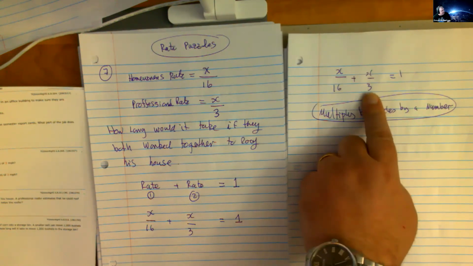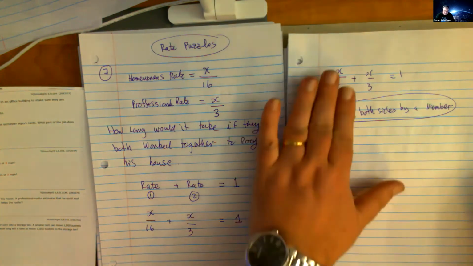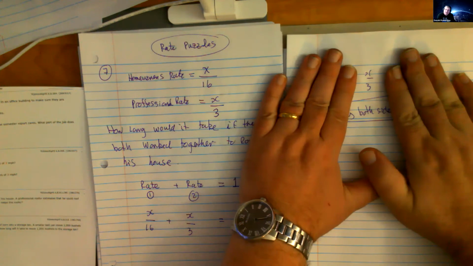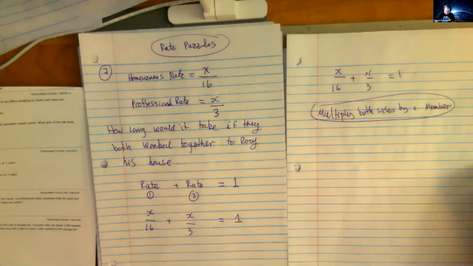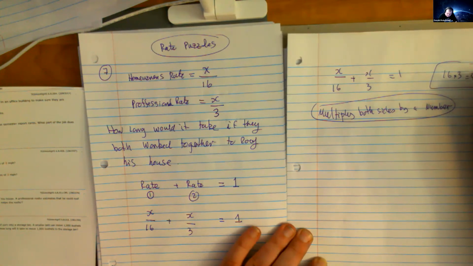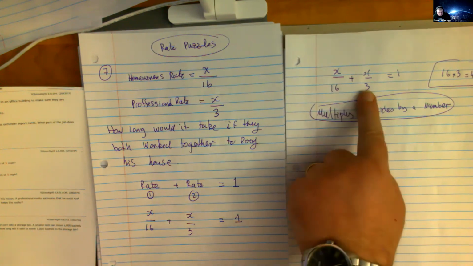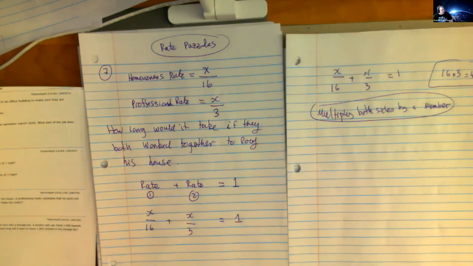But it wouldn't help X over 3. On the other hand, if I multiplied X over 3 with 3, wouldn't that get rid of the over 3? But it wouldn't help with that one. So who is this magic number? The number that you use is 48. Whatever these two multiplied together, that's the magic number. And as long as you do it to both sides, it's okay.